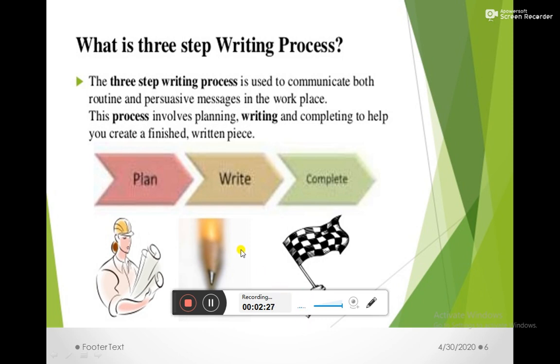Persuasive means that you deliver a message that is reasonable. In the workplace, this process involves planning, writing, and completing to help you create a finished written piece. We will briefly discuss planning, writing, and completing in the next slide.